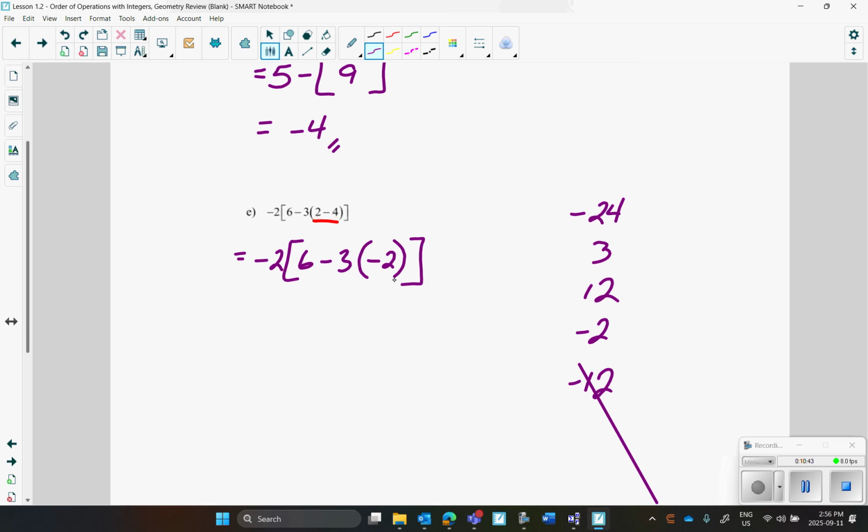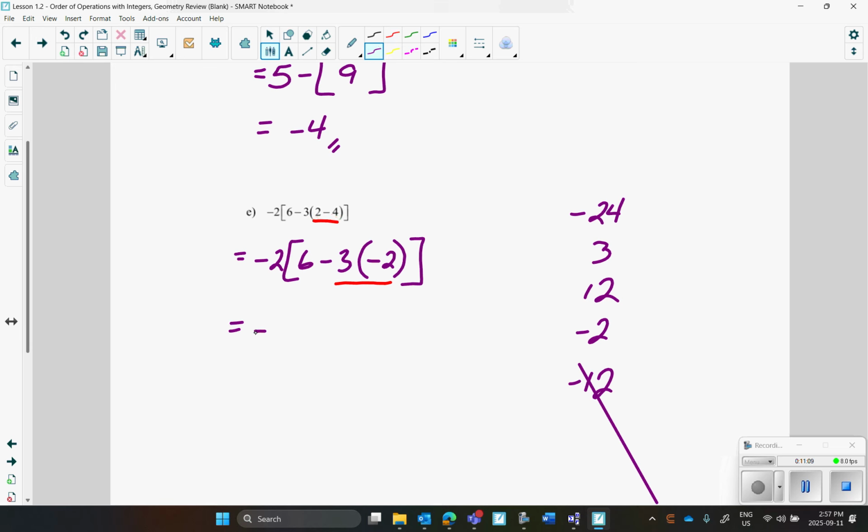Well, nothing left to do in parentheses, so we got to work in the brackets. This is where some mistakes might have been made. What do I do next? Do you multiply it? Yep. Don't do the 6 minus 3. We do multiplication before subtraction.